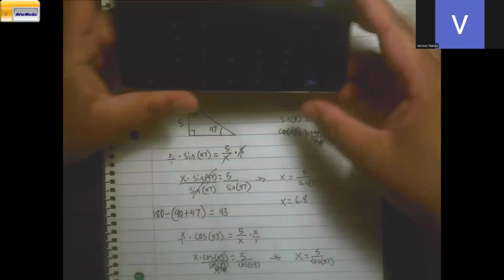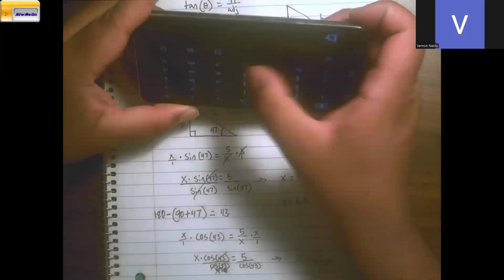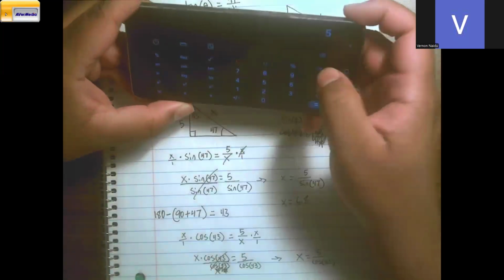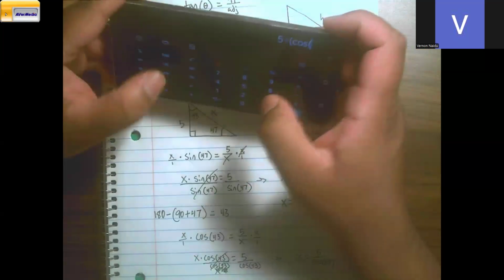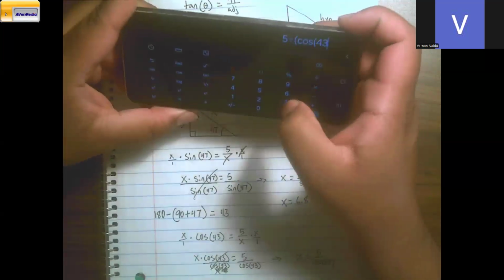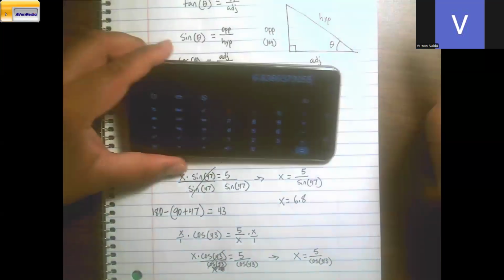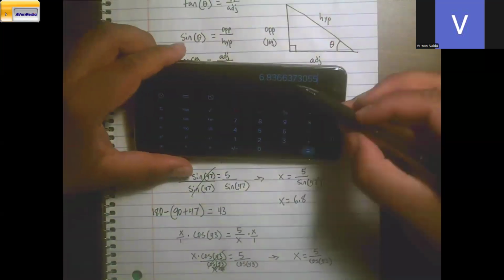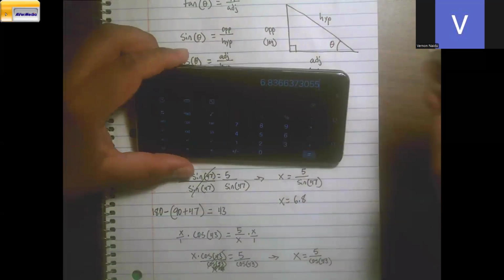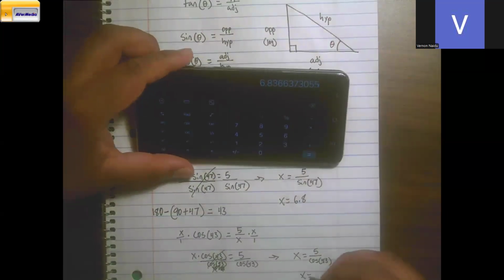And let's see if we got the same thing. 5 divided by cosine 43. Look at that. Perfect. We get the same exact answer. We got 6.8. X is equal to 6.8.